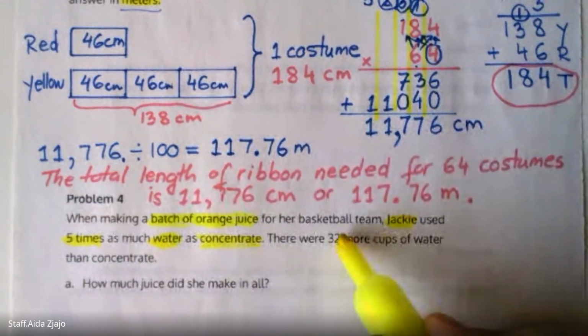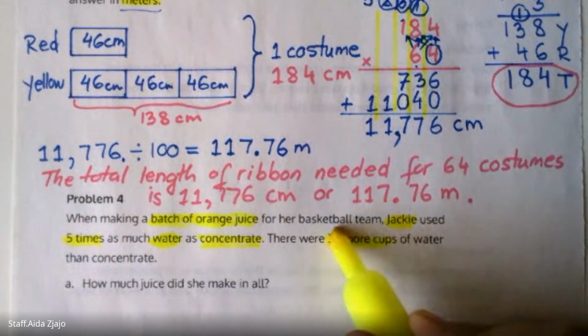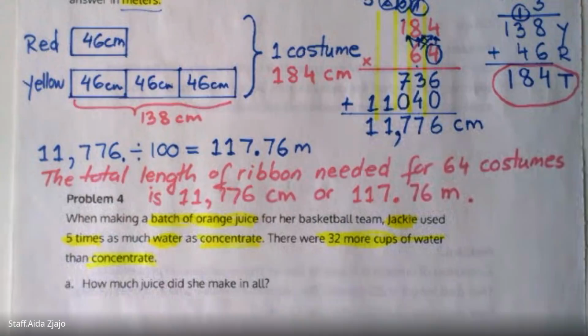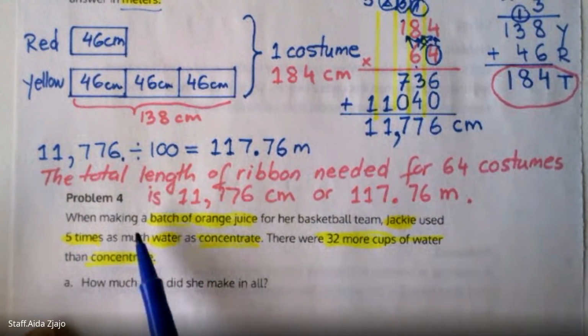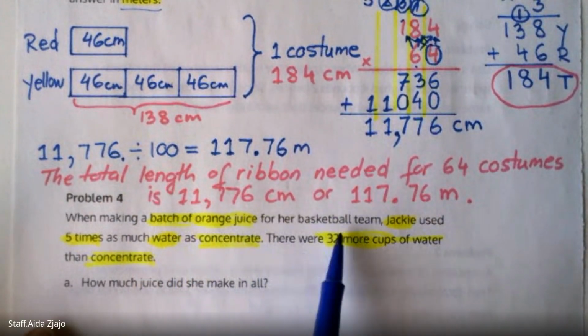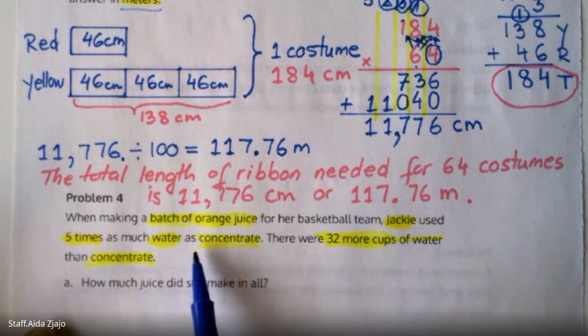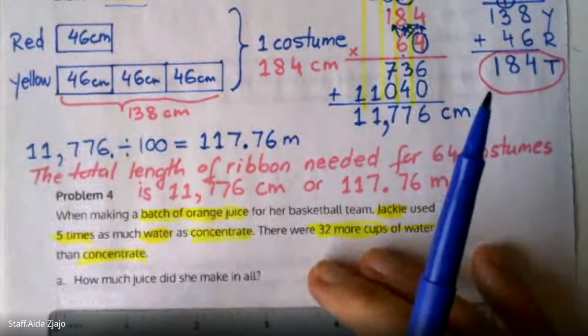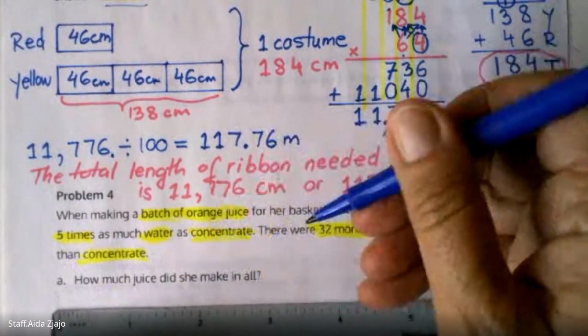There are 32 more cups of water than concentrate. So when we make that, how much did she make in all?